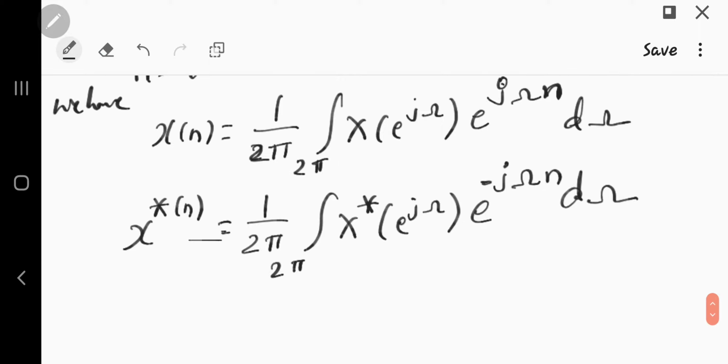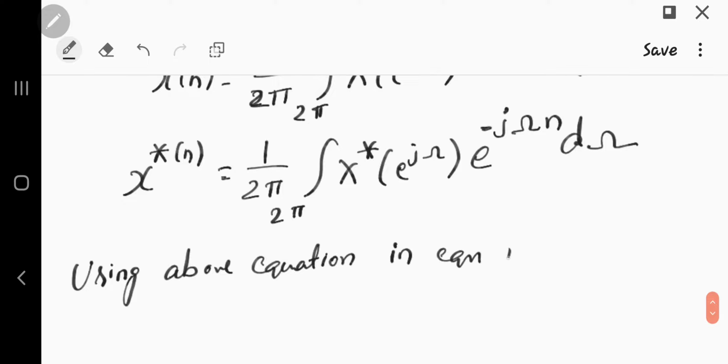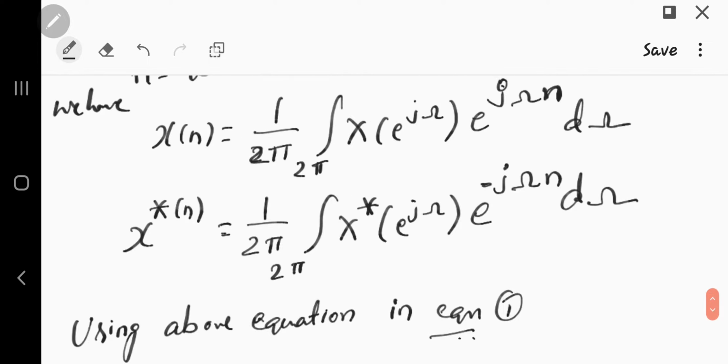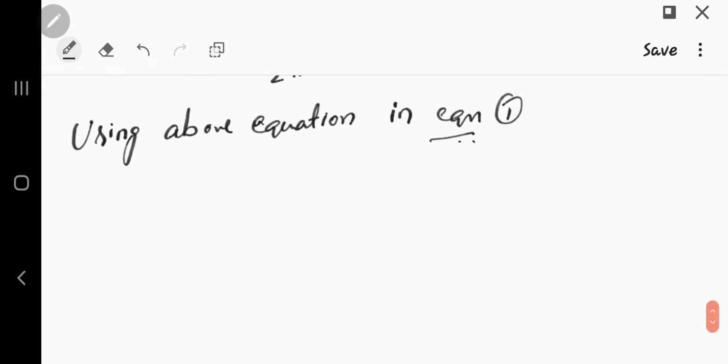So using the above equation in equation 1, we substitute this x star of n here in equation 1 and let us see what happens.